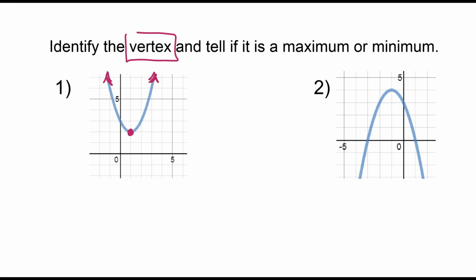So the tip of my parabola is called the vertex, and I want to think about whether it's a maximum or a minimum. I want to think about my y values.